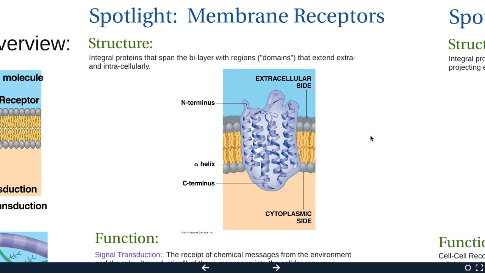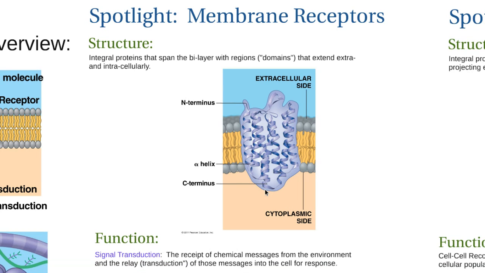Integral proteins span the bilayer and extend extracellularly and intracellularly. Here's our three-dimensional view. You can see it's an alpha helix, and then the three-dimensional rearrangement. We have the N-terminus, remember NCC, and the other end, the C-terminus. That's generally how it falls. One is on one side and the other is on the other side of the membrane.